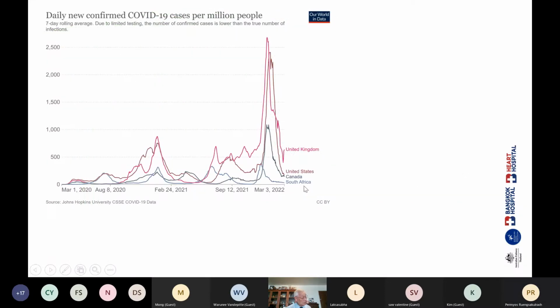Okay, you can see the curve from South Africa. The peak is not very high, but in Canada, UK, and USA it is very high. This is cases per million of population.